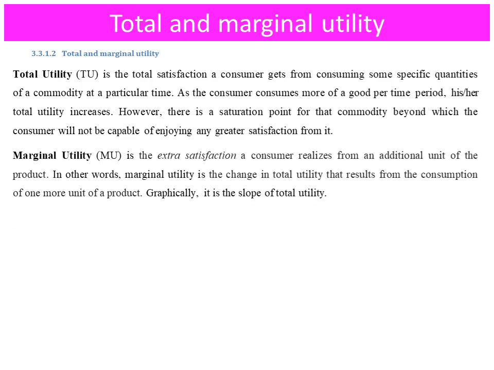Marginal utility. It is the extra satisfaction a consumer realizes from additional units of products. In other words, marginal utility is the change in total utility that results from consumption of one more unit of product. Graphically, it is the slope of the total utility. Marginal utility is the slope of the total utility.